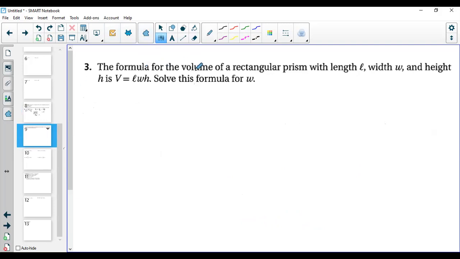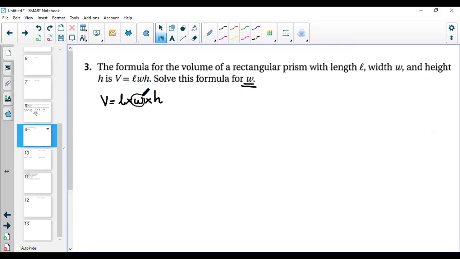The formula for the volume of a rectangular prism with length L, width W and height H is V equals L W H. So V equals L multiplied by W multiplied by H. That's why they are all together, which means multiply, multiply. Now the question says solve for W. So we need to keep W alone.